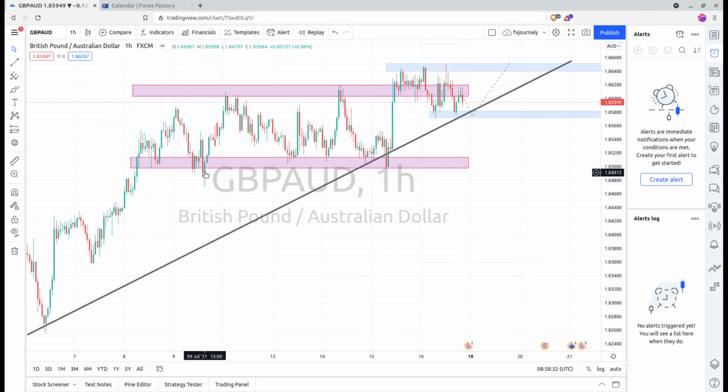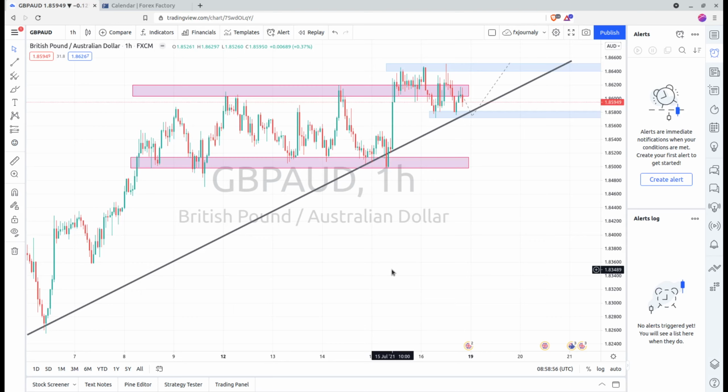Price kept bouncing from this area right here up to this area right here and back down to this area right here and back up to this area right here. Well, you guys get the point. It just basically ranged between roughly 100 and some change, 100 pips and some change.